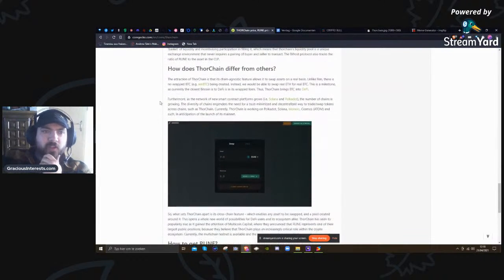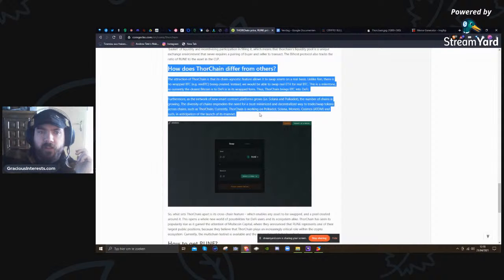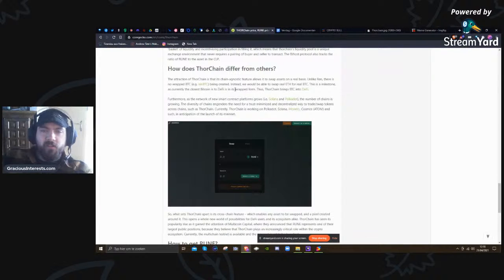We'll continue. How does THORCHAIN differ from others? The attraction of THORCHAIN is that its chain agnostic feature allows it to swap assets on a real basis, unlike RUNE. Here they explain how they differ from other decentralized exchanges. They differ by reason they are not going to make so-called wrapped coins or tokens. What are wrapped coins or tokens?